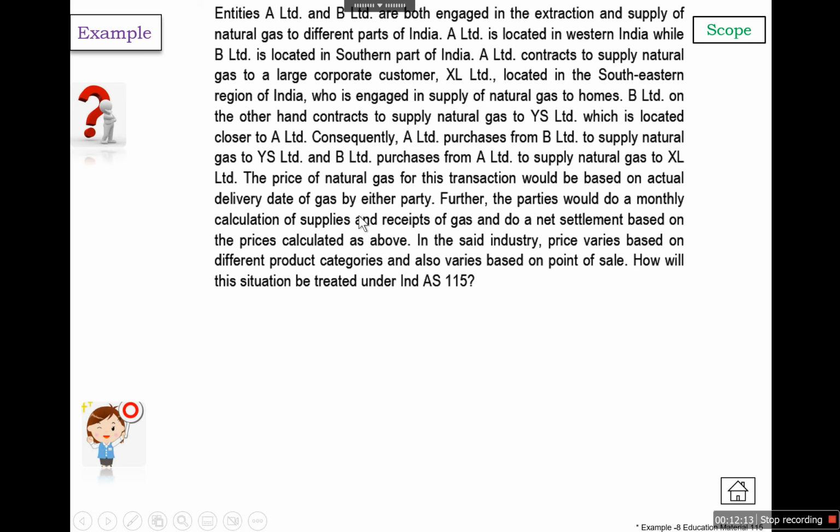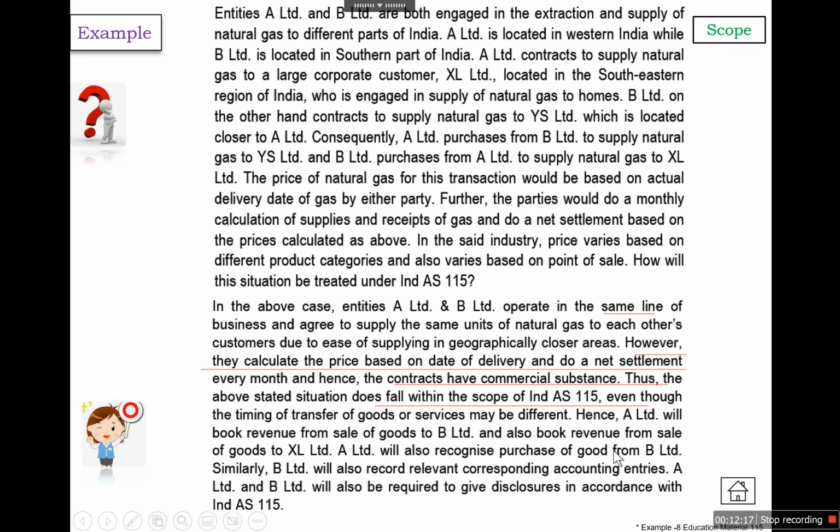So this is not a non-monetary exchange. It falls under the scope of Ind AS 115, because the exclusion applies only where there is a purely non-monetary exchange. Here there is a monetary exchange.